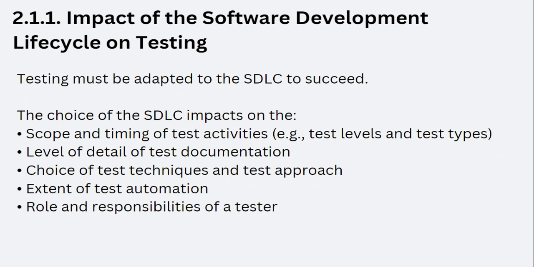The choice of SDLC affects various aspects of testing: the scope and timing of test activities, including which test levels and types are involved, the level of detail in test documentation, the selection of test techniques and approaches, the extent of test automation implemented, and even the roles and responsibilities of testers.